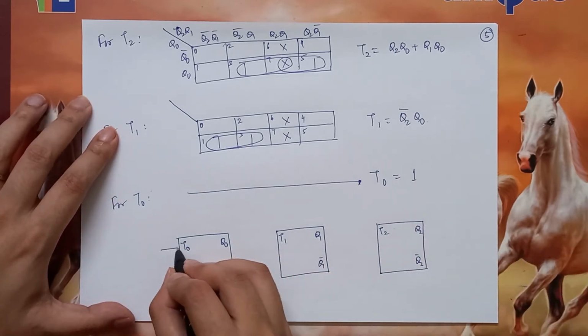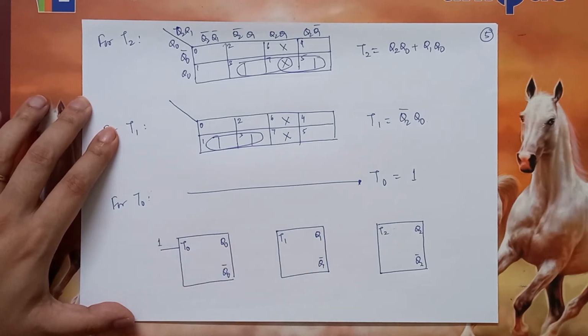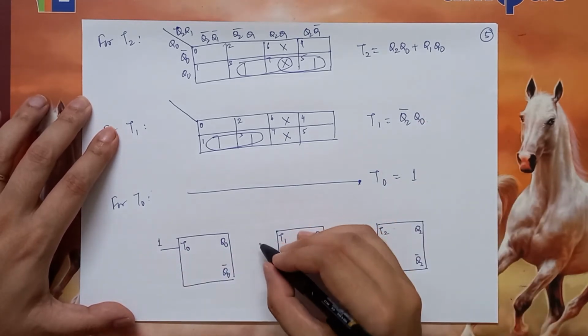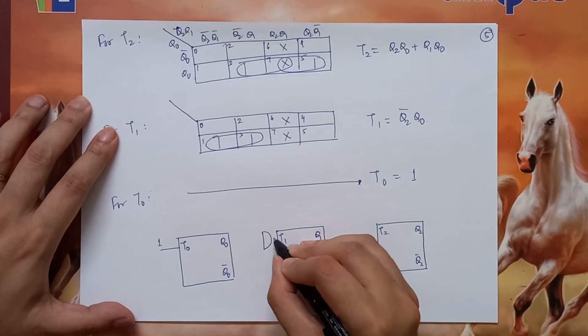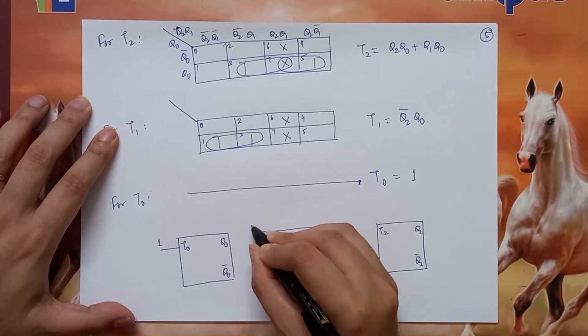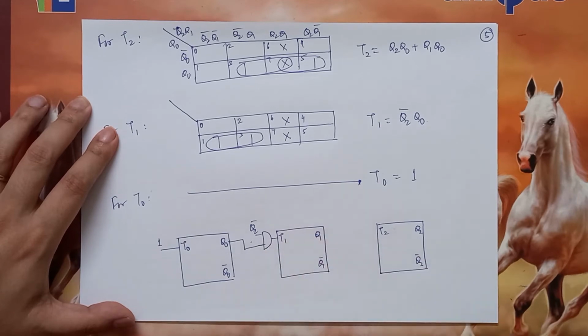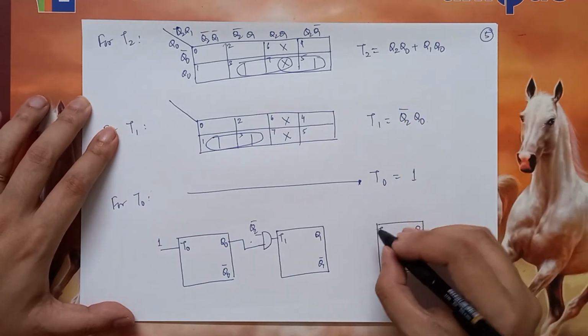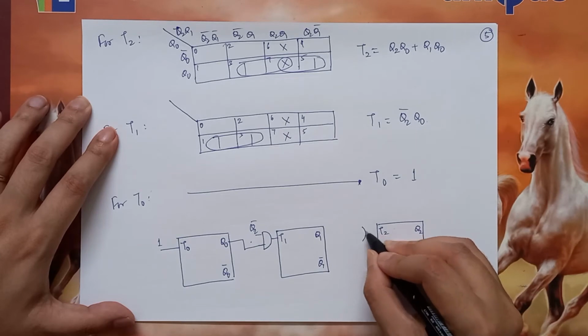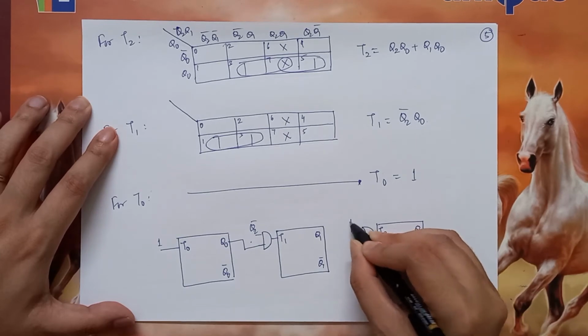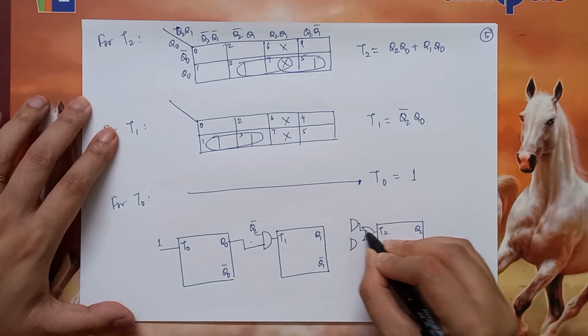So we see that T0 is now 1. T1 is Q2 bar Q0. So all we need is one AND gate. This is it. And T2 is Q2 Q0 plus Q1 Q0. So we will need one OR gate and two AND gates.